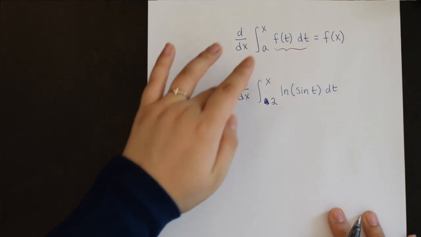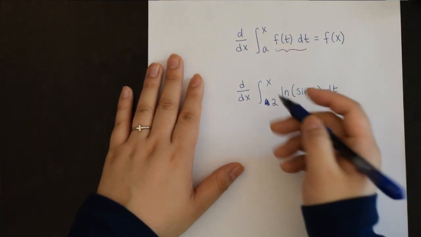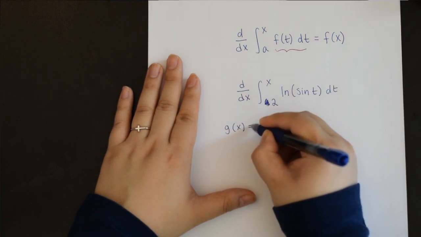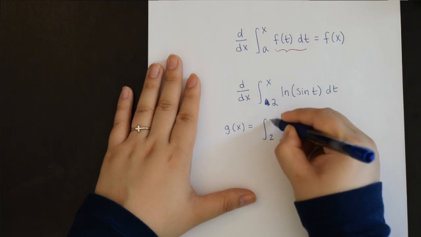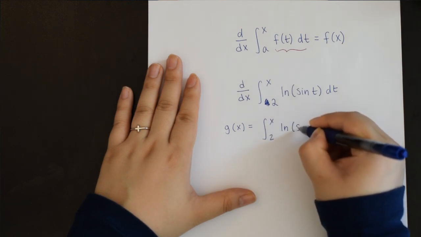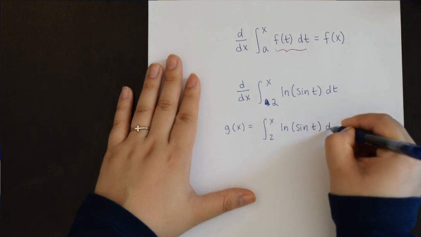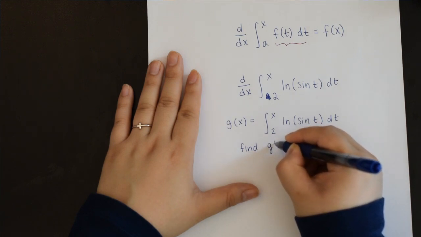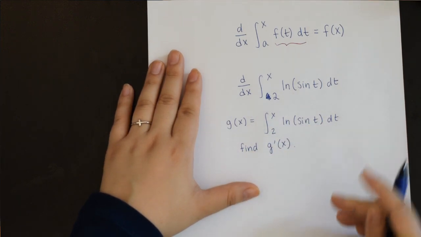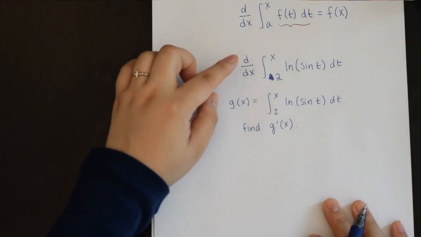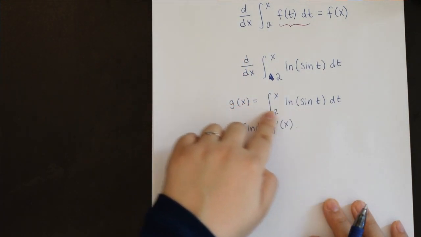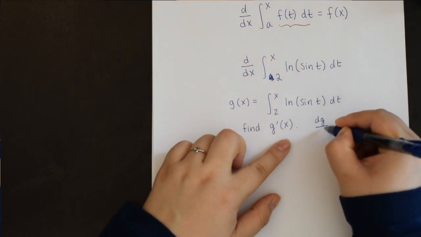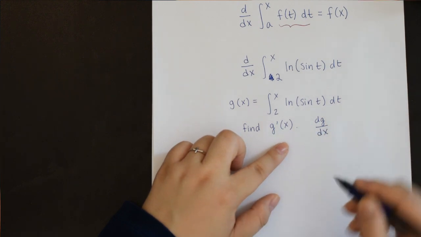The idea is that you're taking the derivative of this thing, but you might see something like, I have g of x equals the integral from 2 to x of ln sine of t dt, find g prime of x. Right? That's the same thing. I'm taking the derivative of my g of x, which is an integral, or dg/dx.